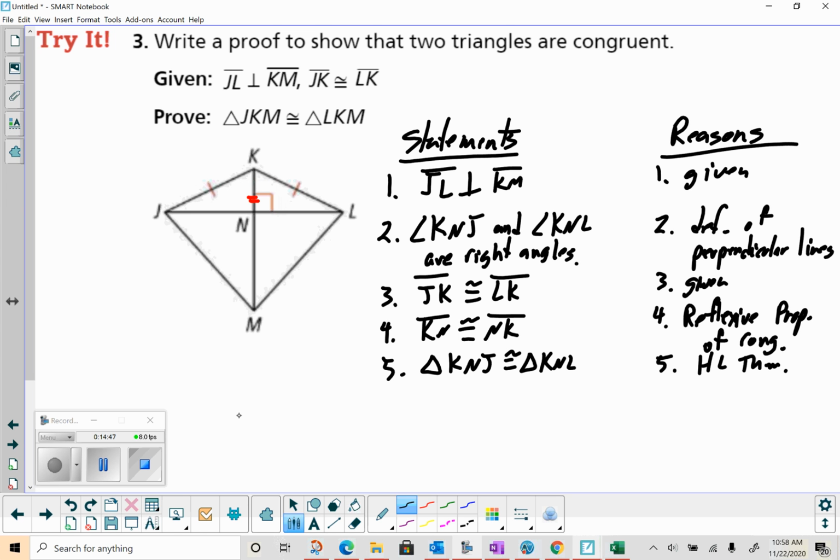Great. How does that help me? Again, keeping my eye on the fact that I'm trying to prove these big triangles left and right are congruent to one another.